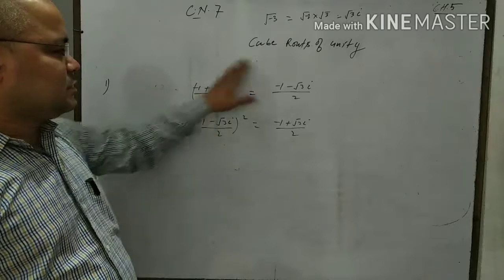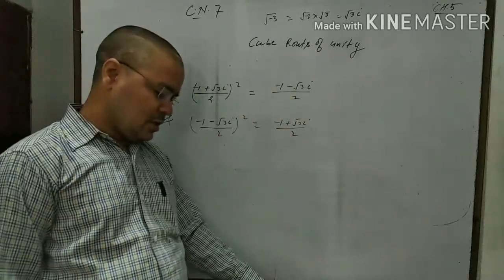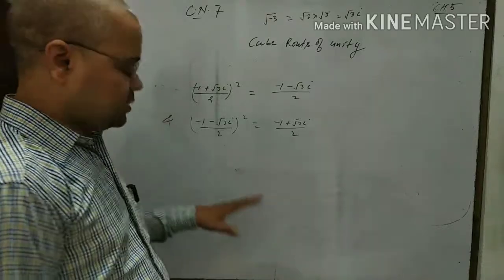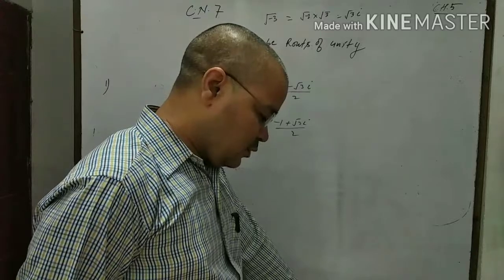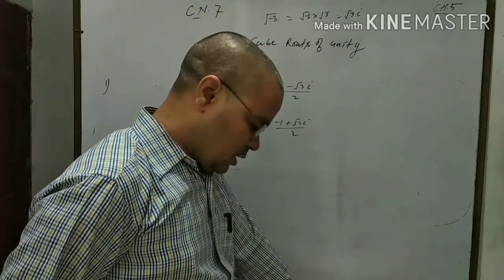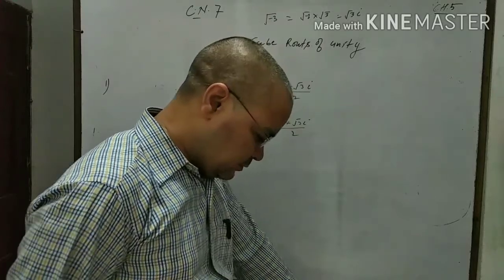The square of this is equal to this, and the square of this is equal to this. So this is the first property, that each non-real cube root of unity is the square of the other.